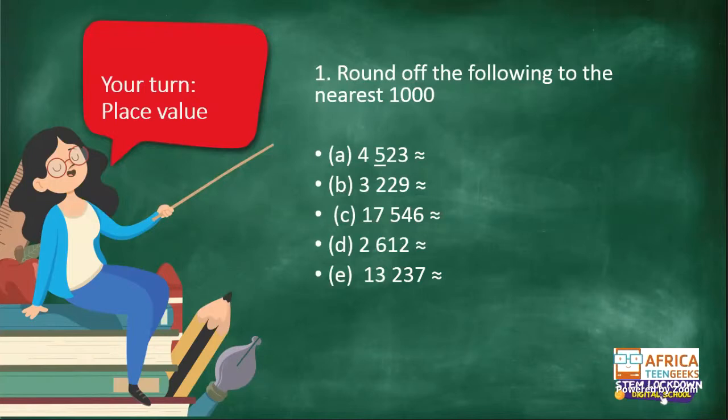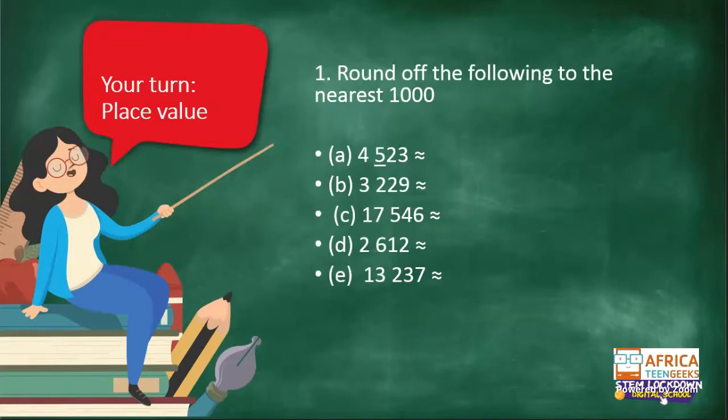I see 5,000, 5,000. All right, because we have underlined 5, and 5 is a given number, which is 500, and we have 4,523. So that's the correct one.